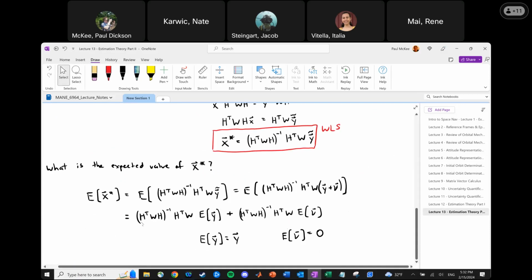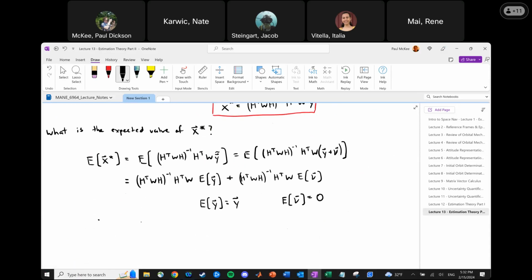So we can say that the expected value of X star is equal to H transpose WH inverse H transpose WY. Okay. But then here's what I'm going to say. Isn't Y just equal to HX?